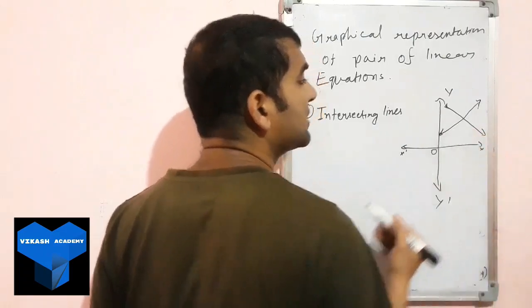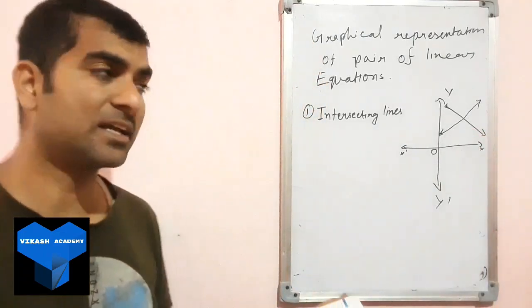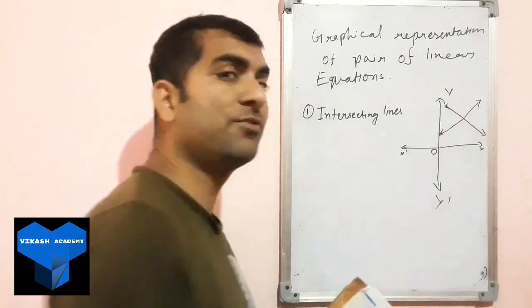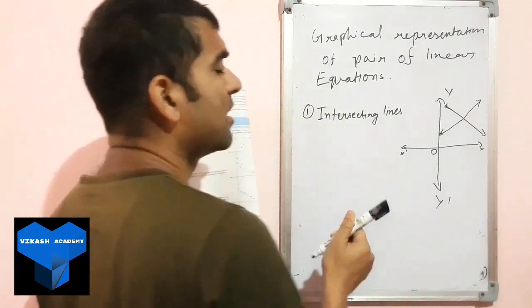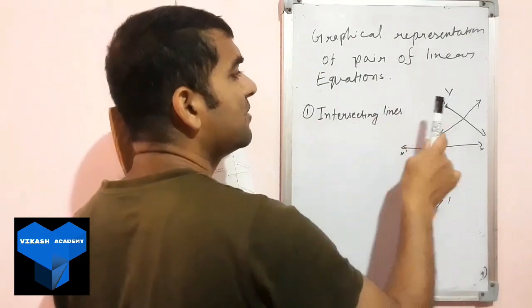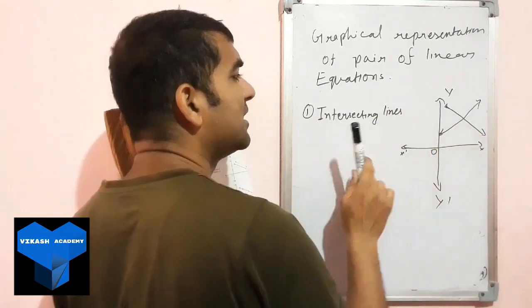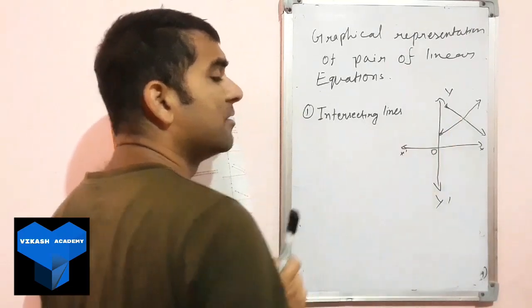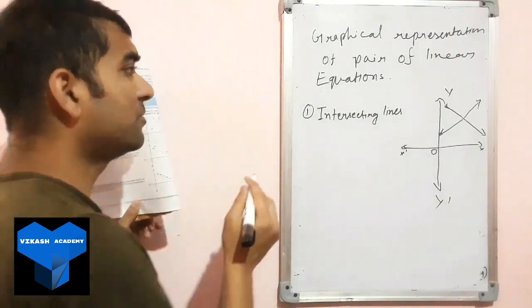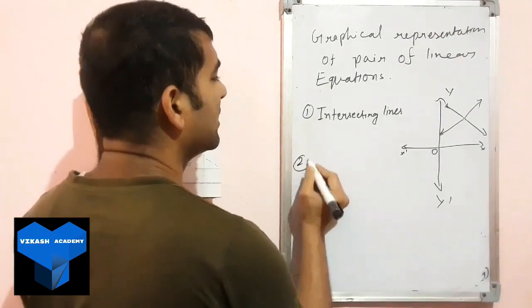In the case of intersecting lines, they will have a common point. A pair of linear equations will be called intersecting lines if they have a common point, common coordinates.